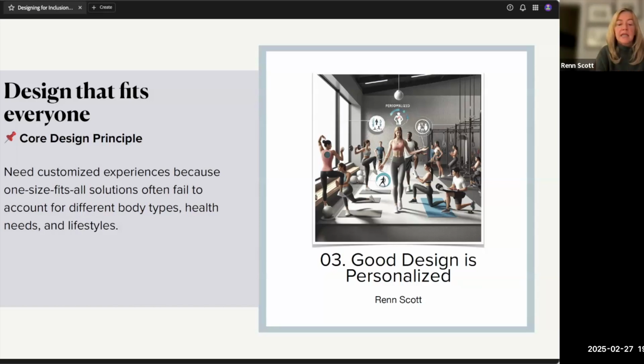Good design, using the female focus as our lens, needs to be personalized. It needs to acknowledge that standardized solutions often overlook our body types, health needs, and lifestyles. This will allow us to create products that are accessible, comfortable, and truly designed to fit the body, the mind, the personality, and so on.